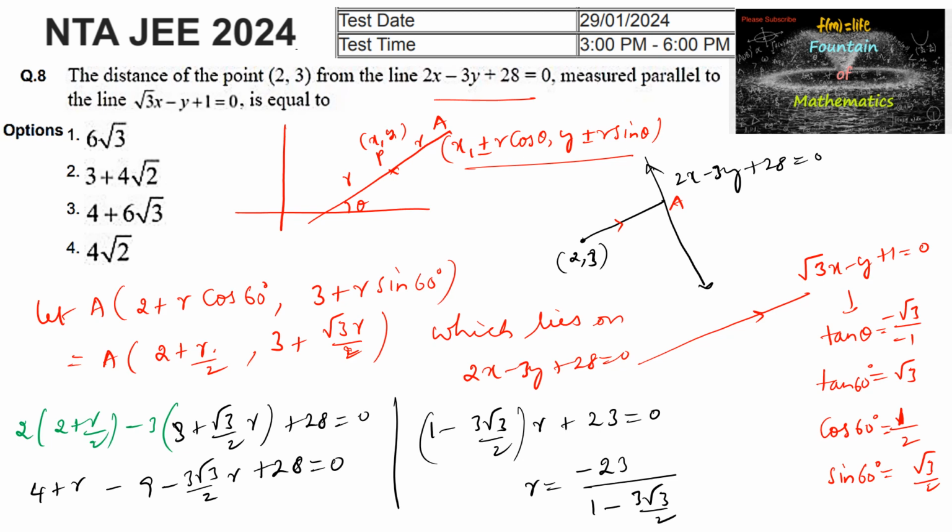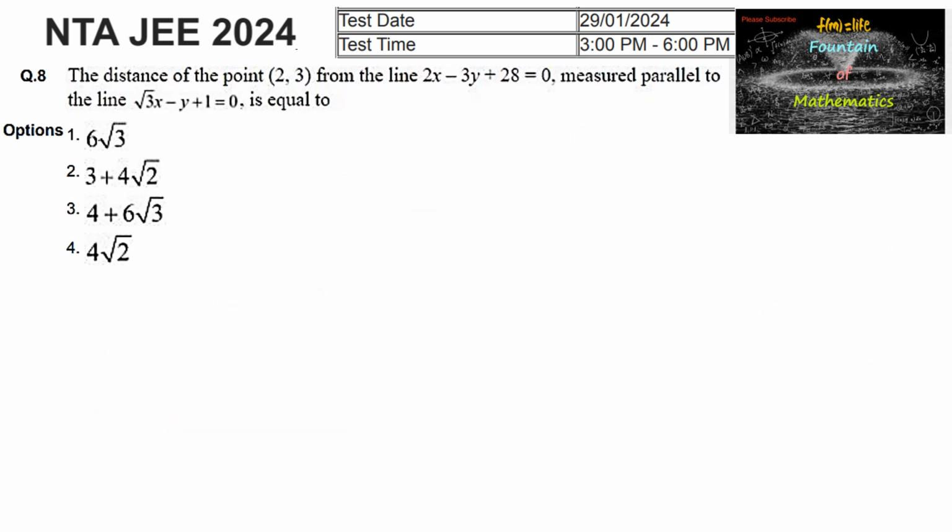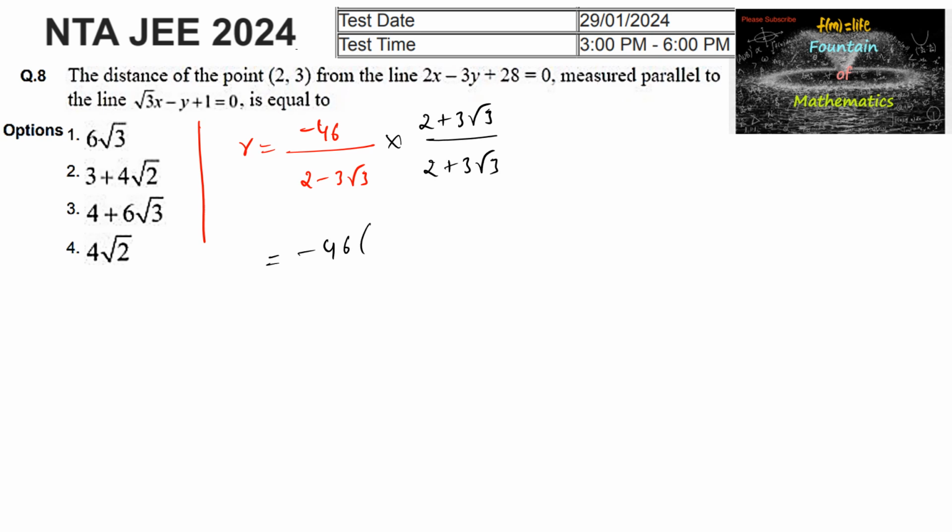So further rationalizing, we can also write r is equal to minus 46 divided by 2 minus 3 root 3. Let us rationalize it. Multiply and divide with 2 plus 3 root 3. So negative 46 times (2 plus 3 root 3) divided by (a plus b) into (a minus b), a square minus b square.